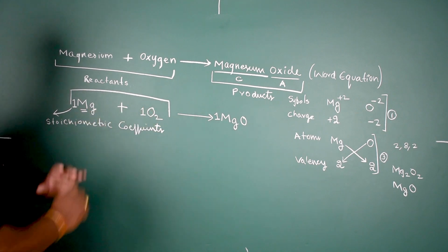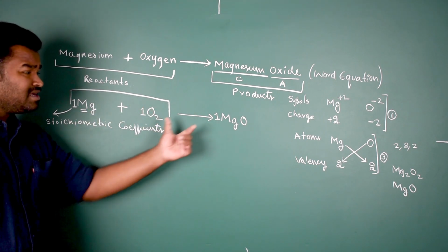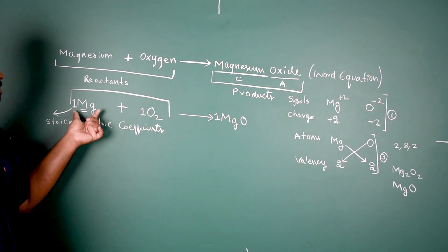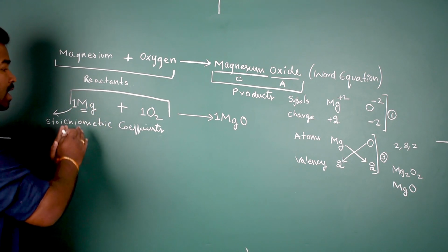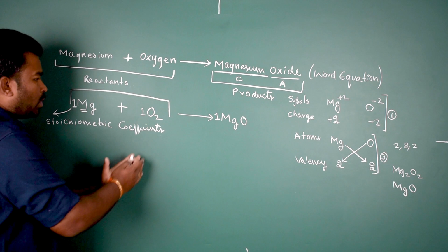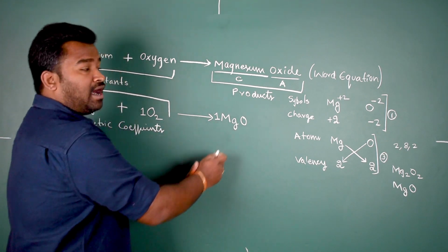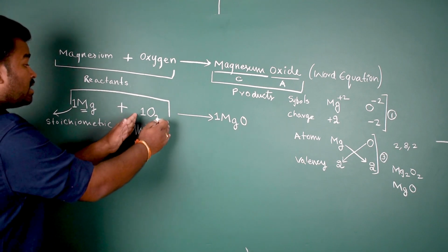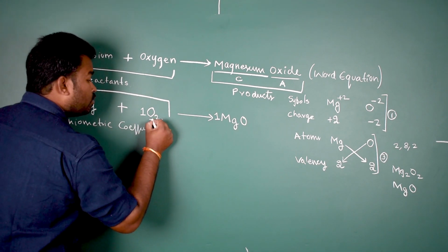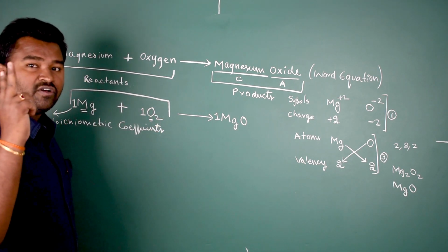As per this equation, if you look at it, how many magnesiums are there on the reactant side? One magnesium. So one magnesium is entering into the reaction, and one magnesium is coming out after the reaction. Okay, so that makes sense. But if you look here, in the oxygen molecule itself you have two atoms of oxygen.